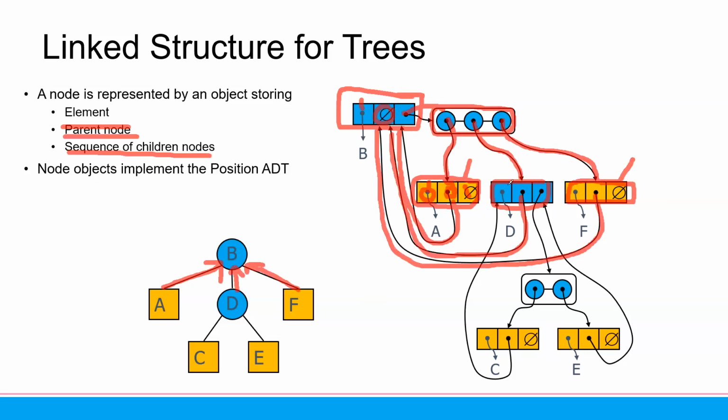And we can continue with the D. D will have another link to the sequence of children. In this case, we have another 2 nodes, and it connects to C and E. And then C will connect to the parent node, which is D, and E will connect to the parent node, which is D.